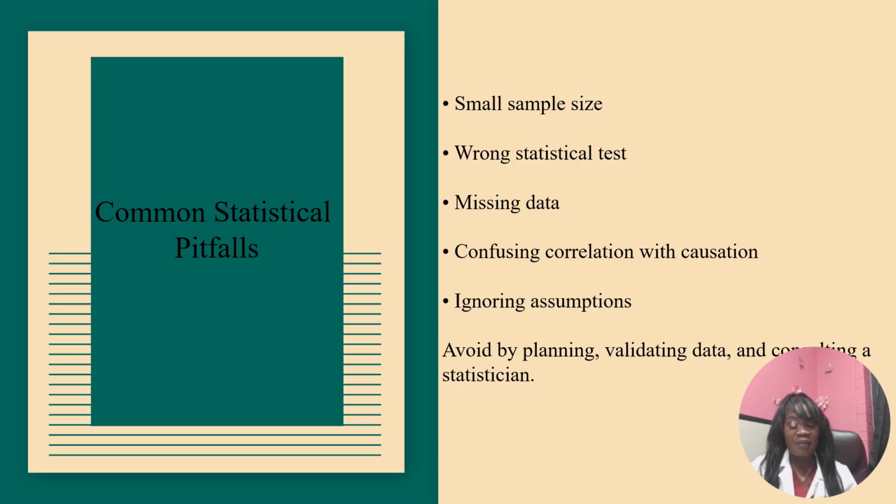Statistical tests also have assumptions that should be considered before analyzing. These issues can be reduced through careful project planning, consistent data collection, data validation, and consultation with statisticians when needed.